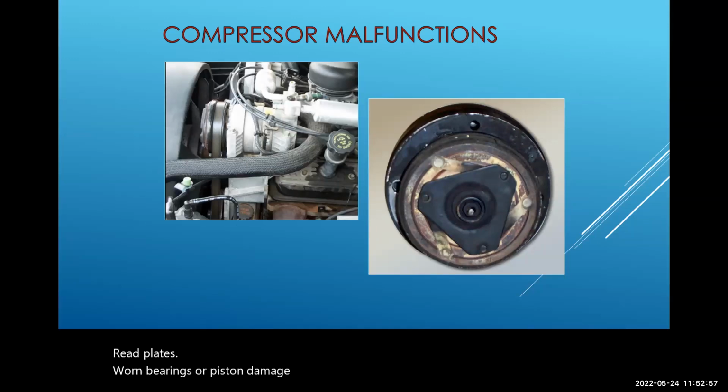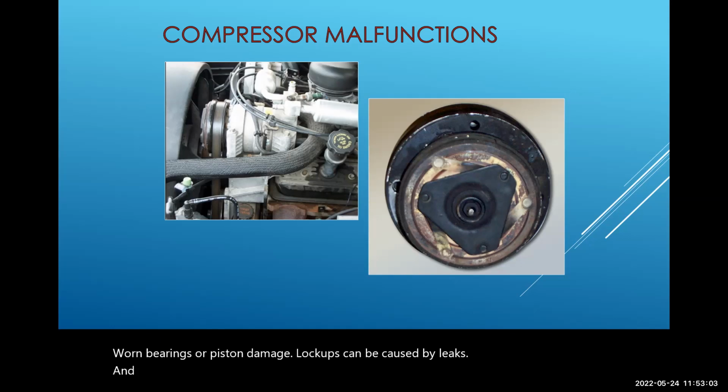Lockups can be caused by leaks and restrictions in the AC system, or control device malfunction. Leaking can occur at the shaft and seal, center joints, or in the head assembly itself.